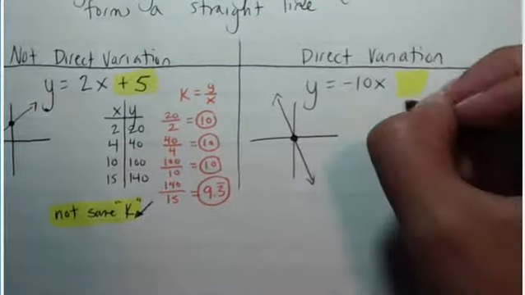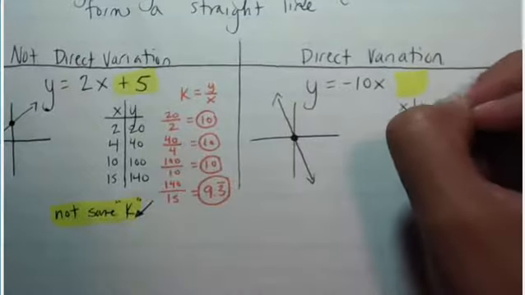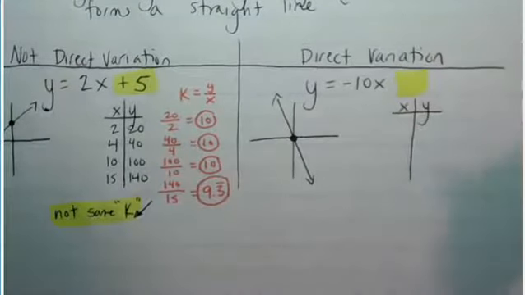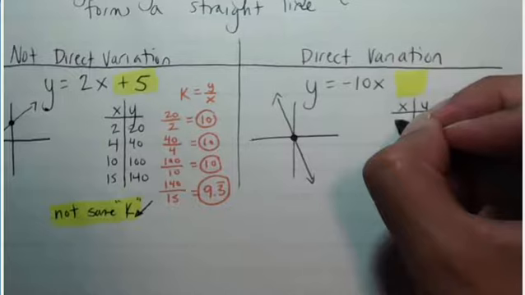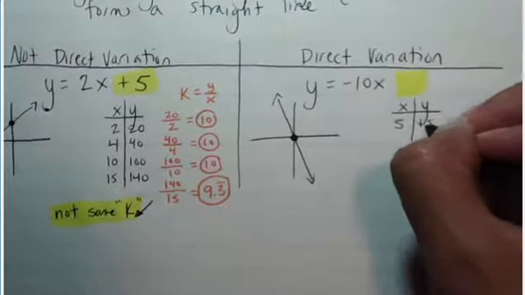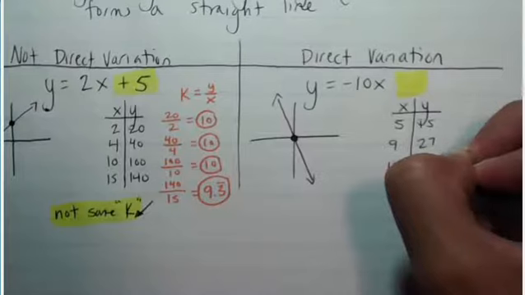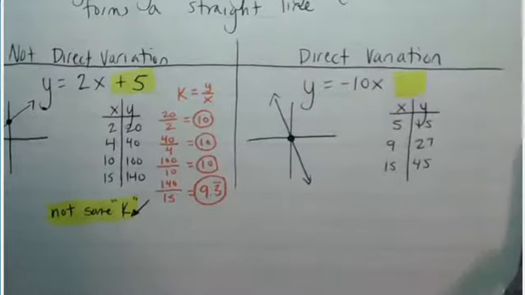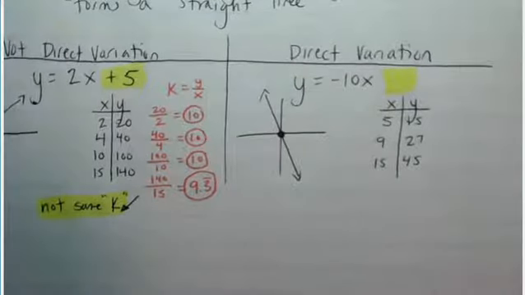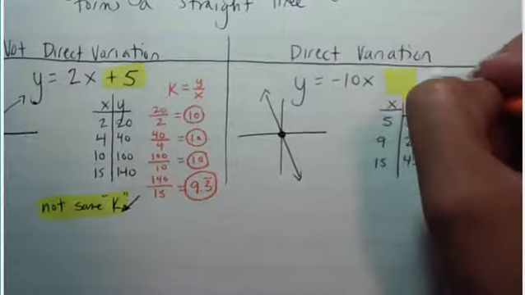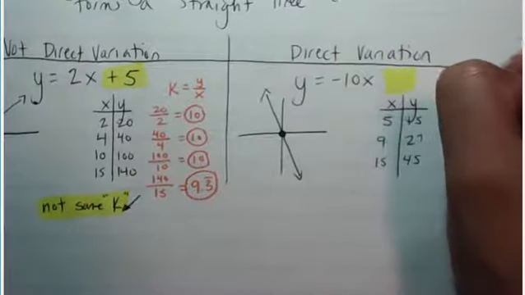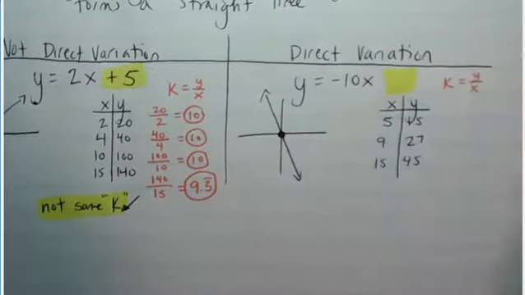An example of a table that is a direct variation. Again, we always look for the 0, 0 as well, but most of the time it's not listed. So 5 and 15, 9 and 27, and 15 and 45. Again, I use the formula y over x to find the k.